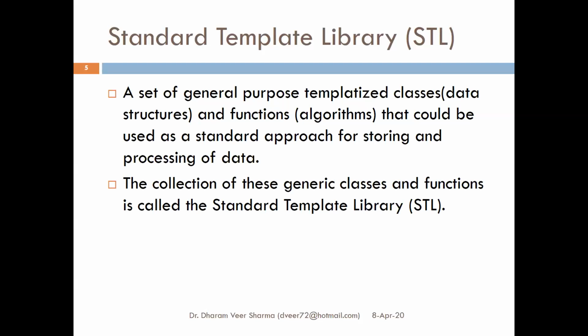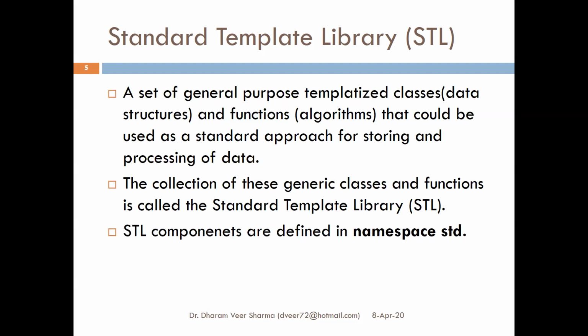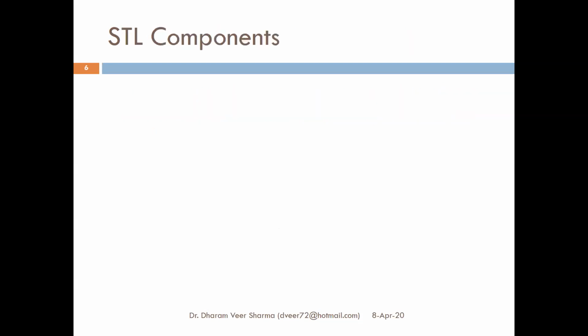So the collection of these generic classes and generic functions is collectively called the Standard Template Library. And all these components are defined in the std namespace. So when you write using namespace std, it means you are including STL components as well.